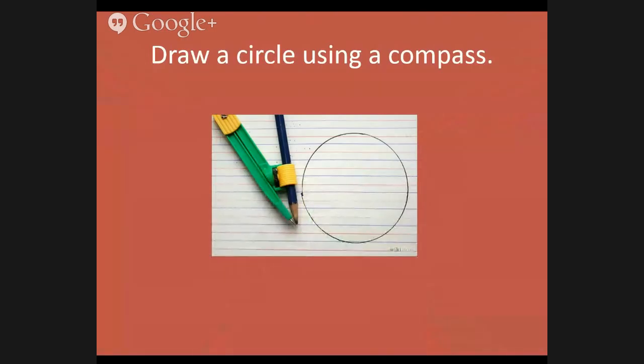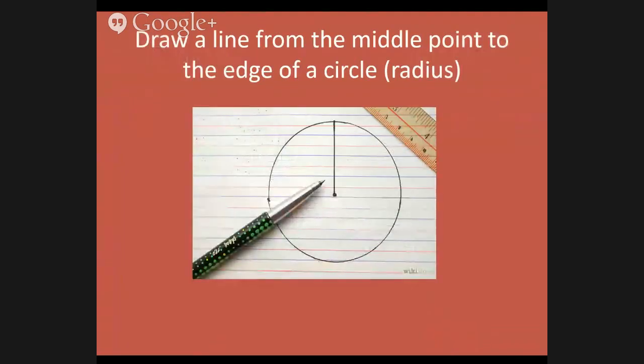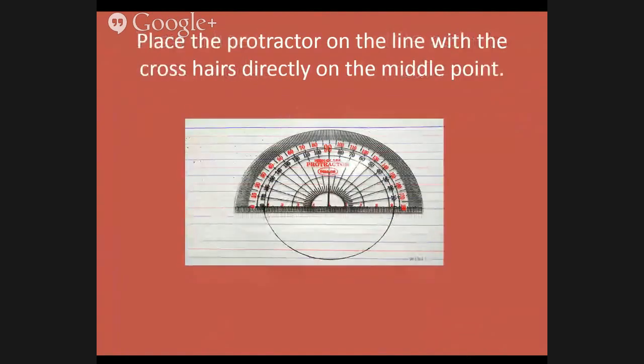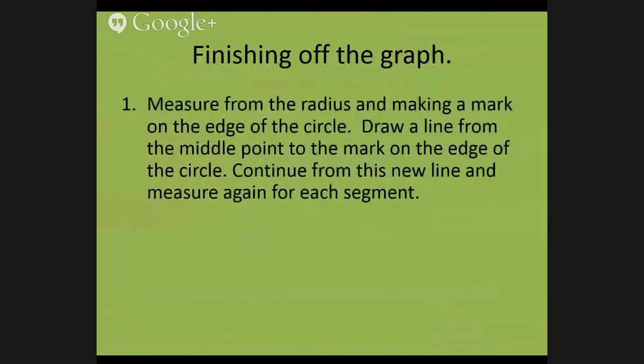Start off with drawing the circle using your compass. And I'll just go through these. Draw a line from the middle point to the edge, which would become your radius. Then finish off your graph, and you can read those directions on your own.